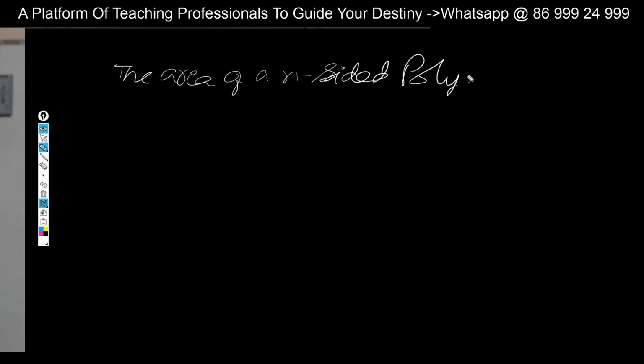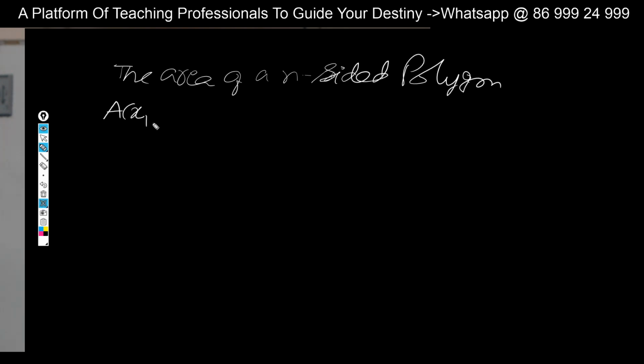The area of an n-sided polygon, please. How many vertices will be there for an n-sided polygon? Obviously, there will be n vertices.